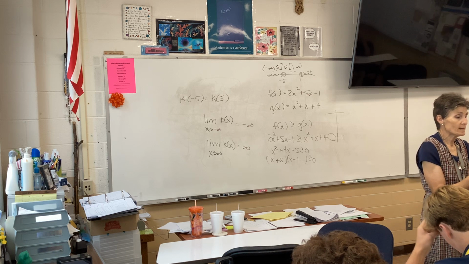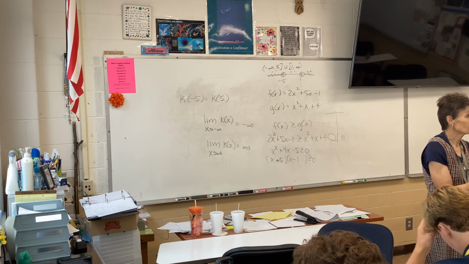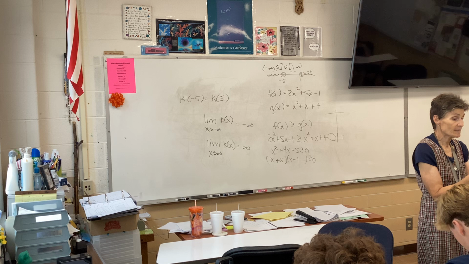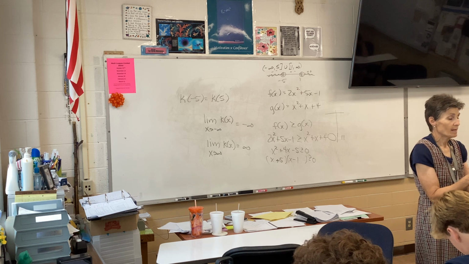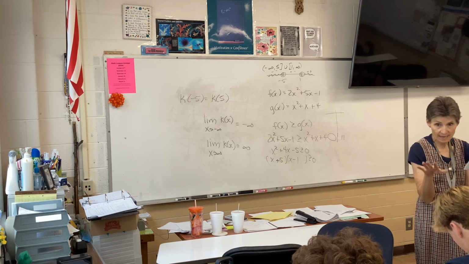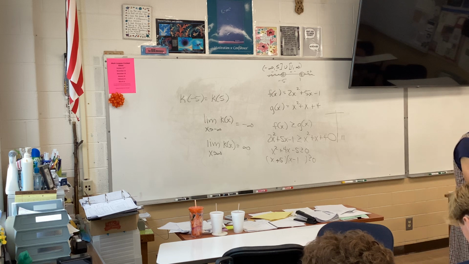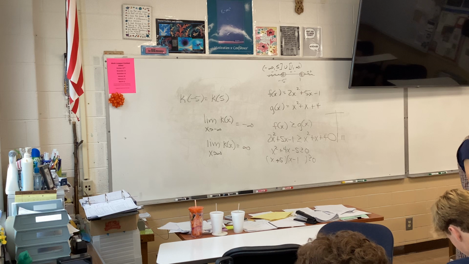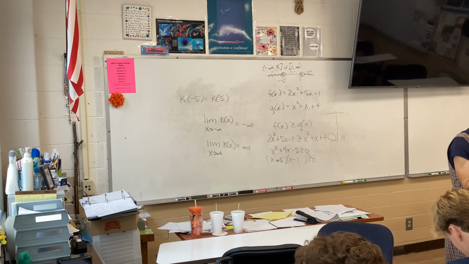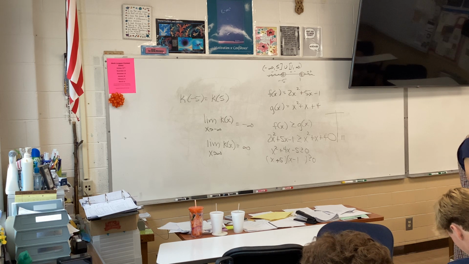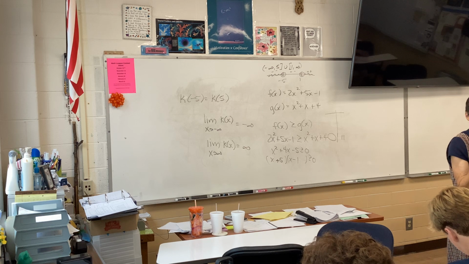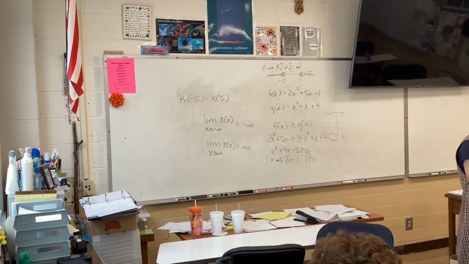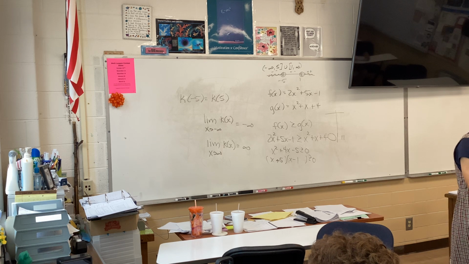Limit statement 3 is up, down, which is graph C. And that would have to be odd degree, negative coefficient, so that's equation 2. And then 4 is up, up, so that's graph D. And that would be even degree, positive coefficient. So that is equation 4.